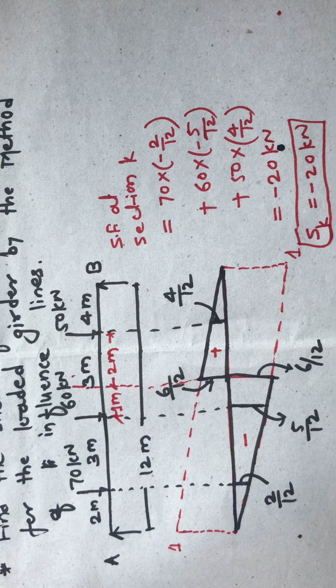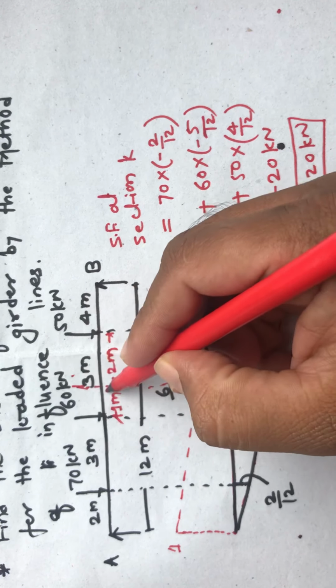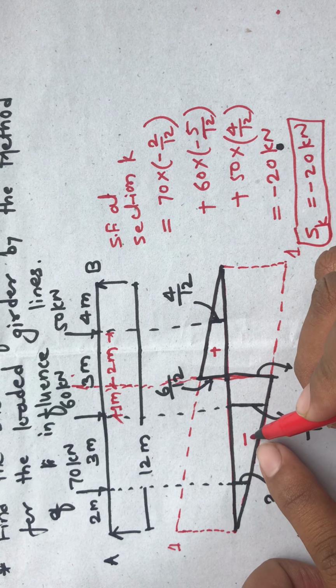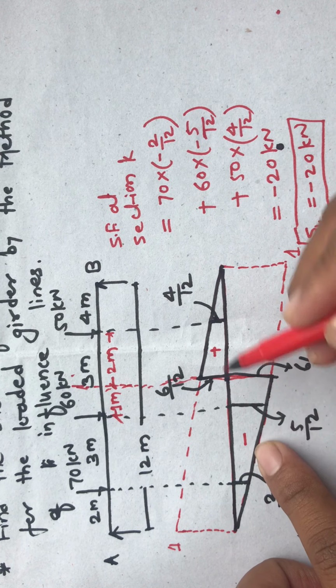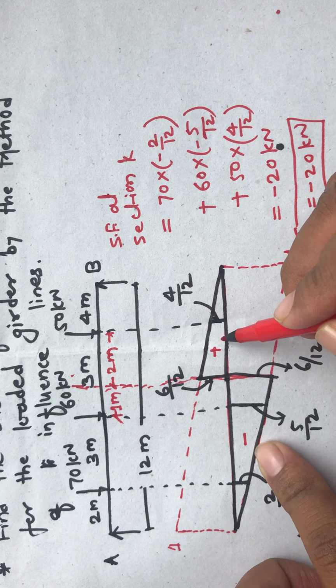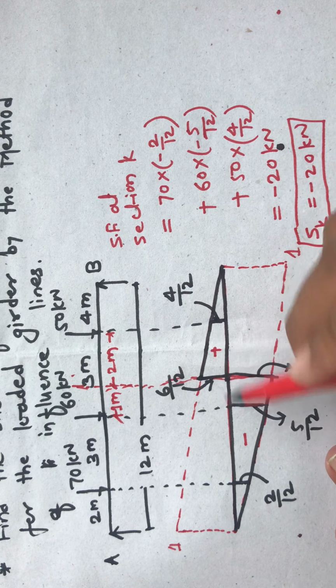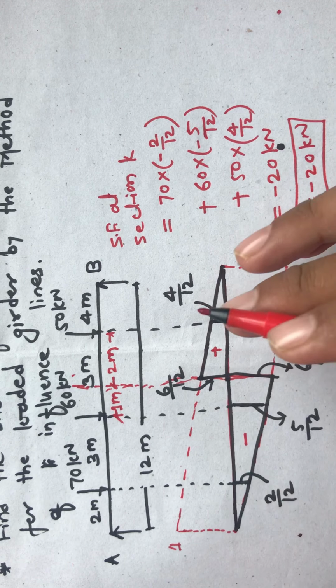Then where there is a section, you consider the left negative part, the left diagram. On the right hand side you consider the positive diagram. We have seen in the last numerical why negative and positive you have to consider.